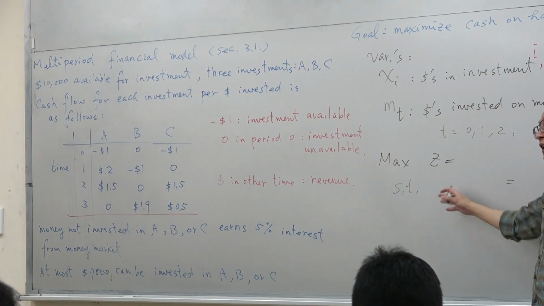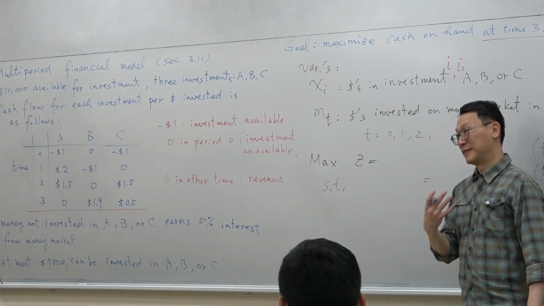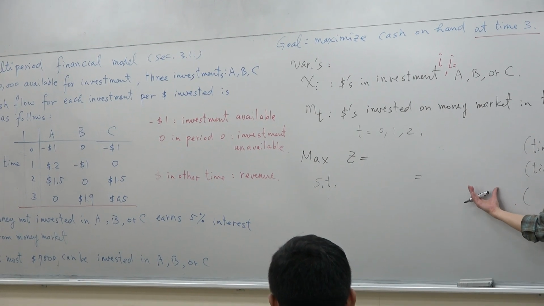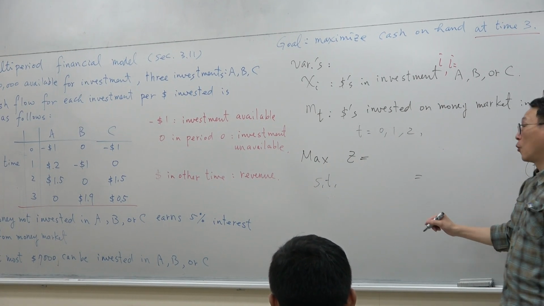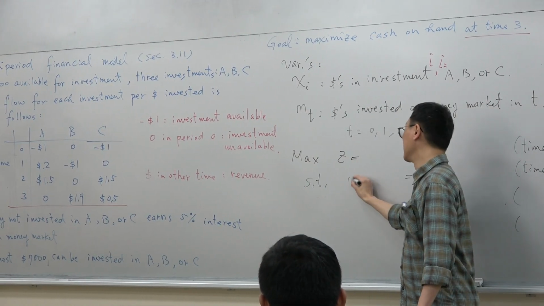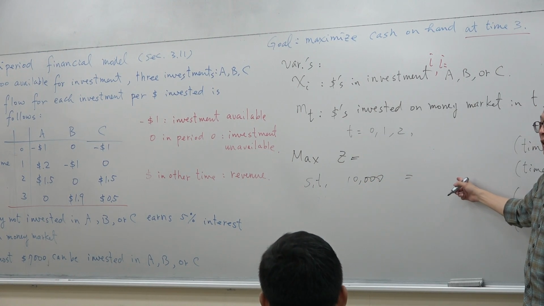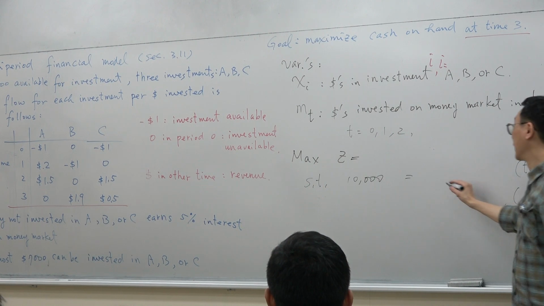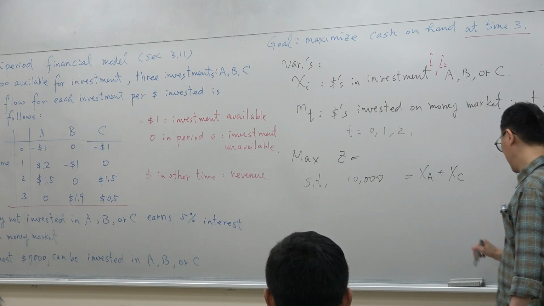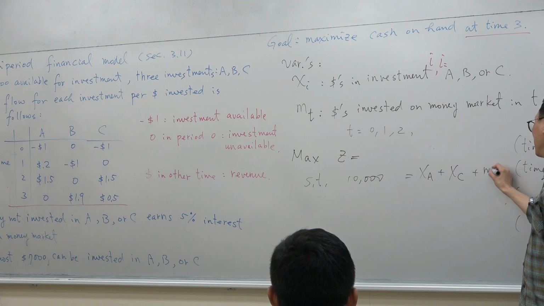The left hand side is the money we have. The right hand side is the investment we want to determine. So in time 0, the money we have is 10,000, and on the right hand side, our choices will be XA, XC, and M0.